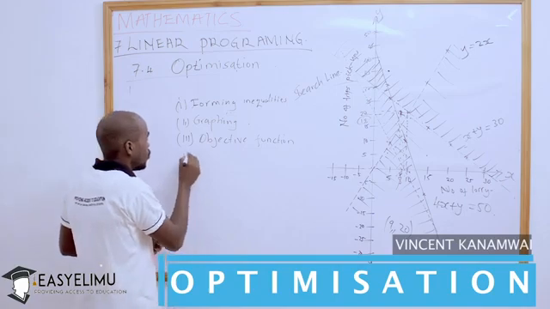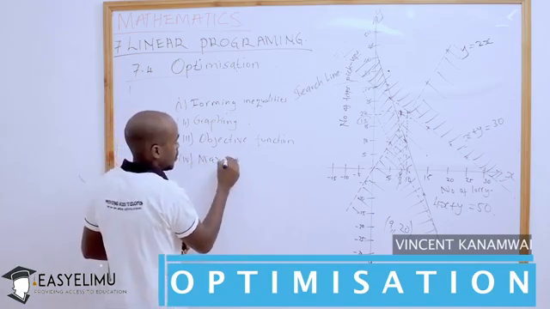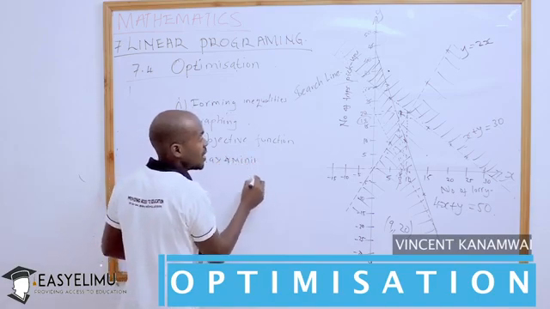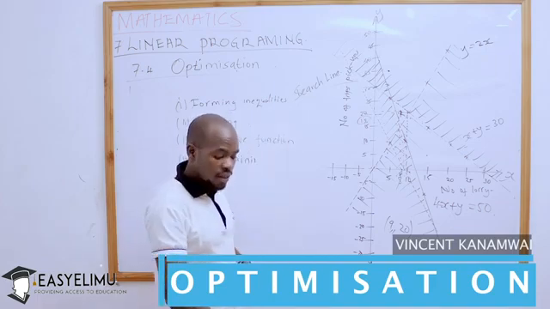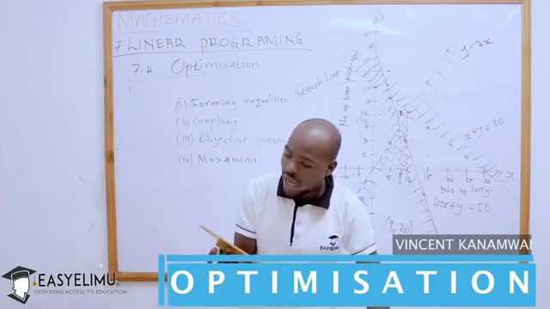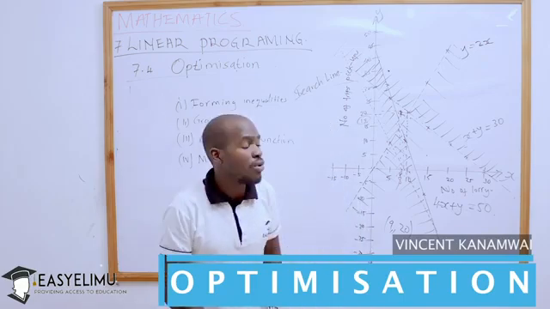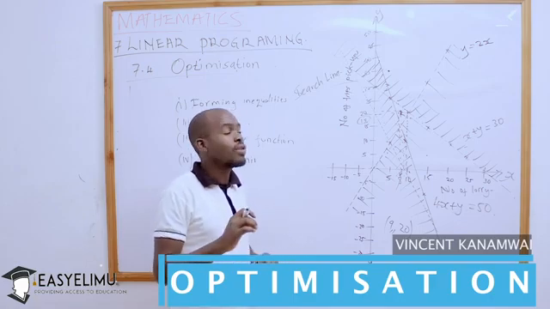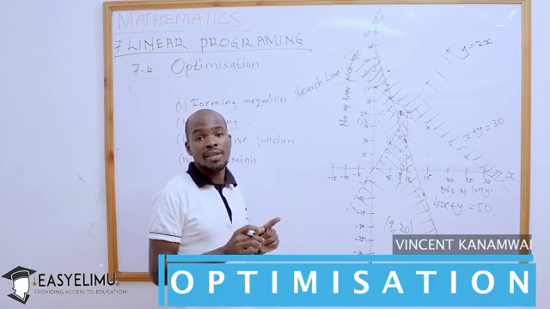After that, you now maximize or minimize. Maximize or minimize is when you use your ruler and set square. You use your ruler and then slide a set square along the search line, where the ruler touches or is parallel to that line.